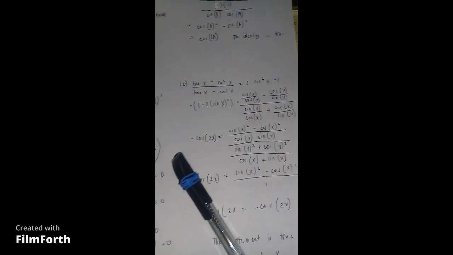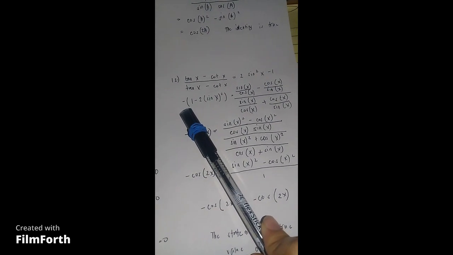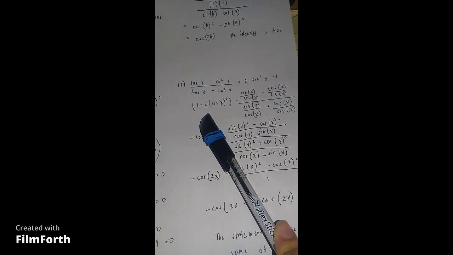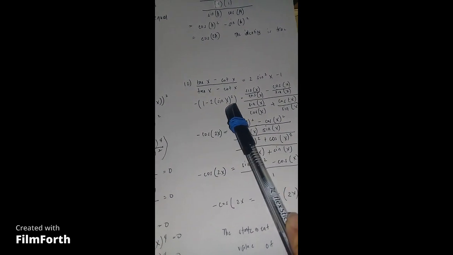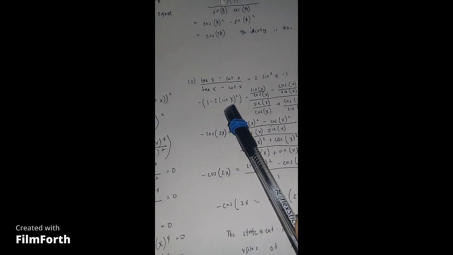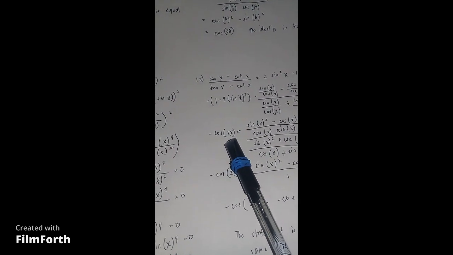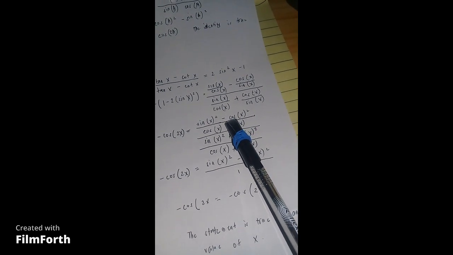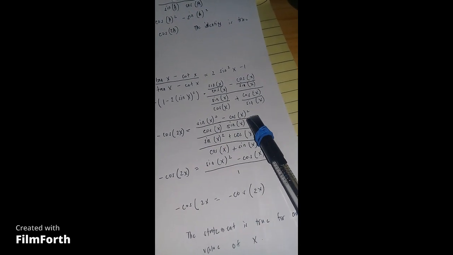So let's solve. Negative 1 minus 2 the quantity of sine x squared is equal to negative cos 2x. Just multiply squared here.